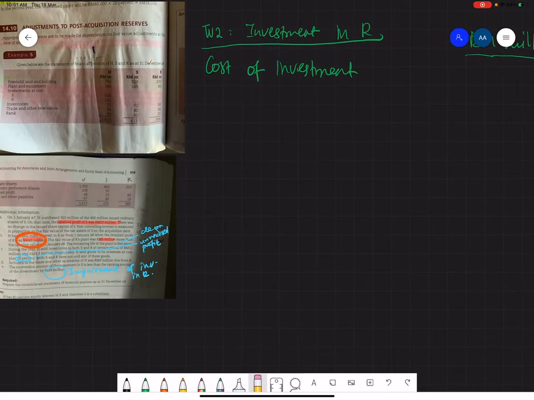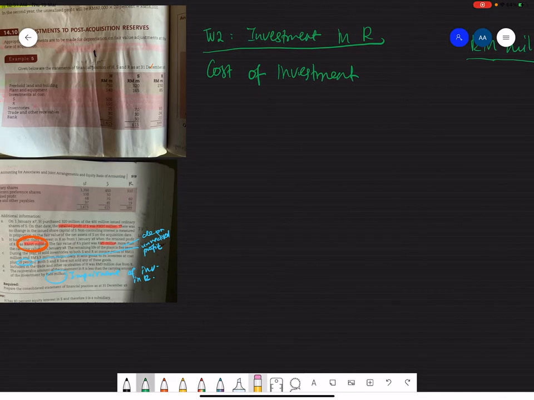Okay, so cost of investment, if you take from the question, is 150 at cost. And then remember, you need to add post acquisition profit.